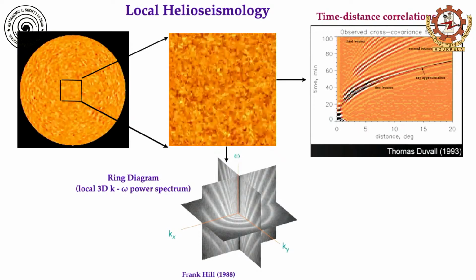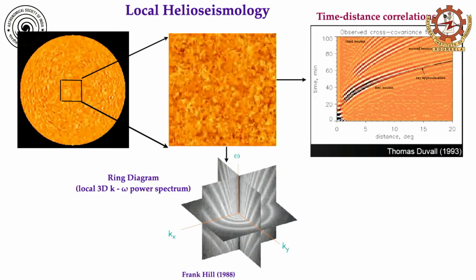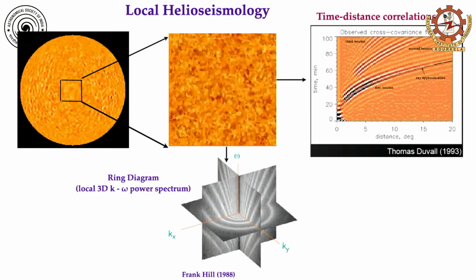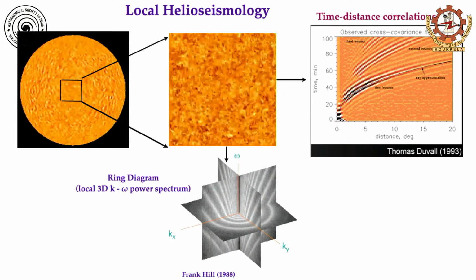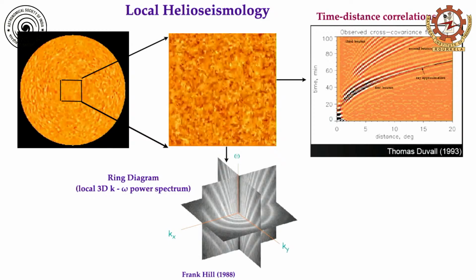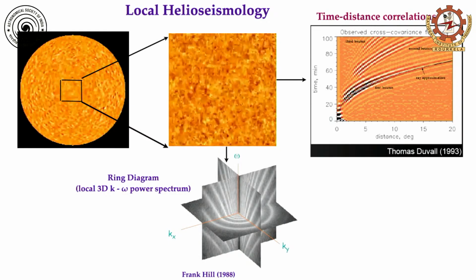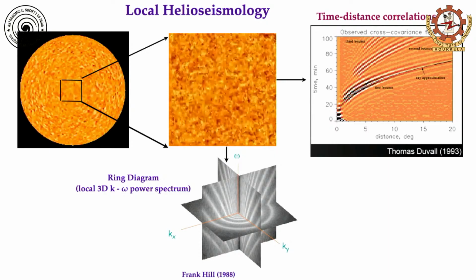Okay, so talking about local helioseismology, what we do is take a small area on the sun. These are the Doppler observations which you see. You can study the waves locally, and that way you can measure the local flows more accurately. There are two different techniques.